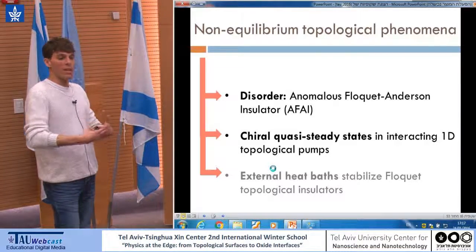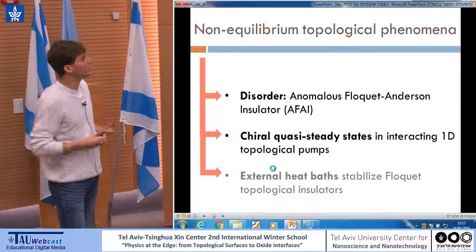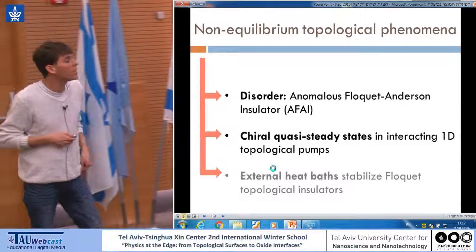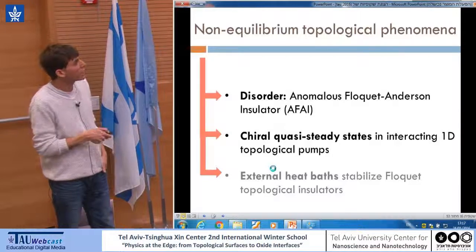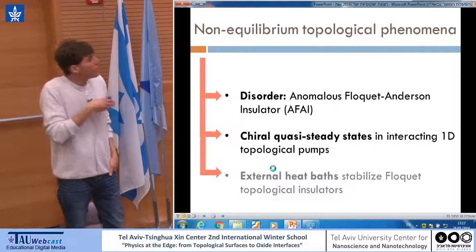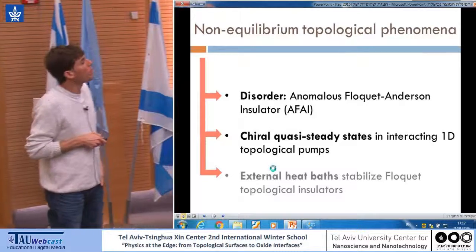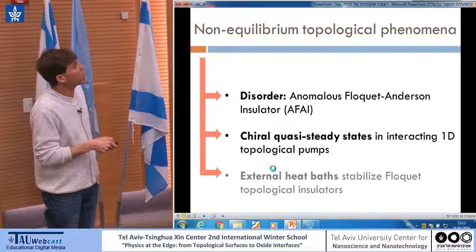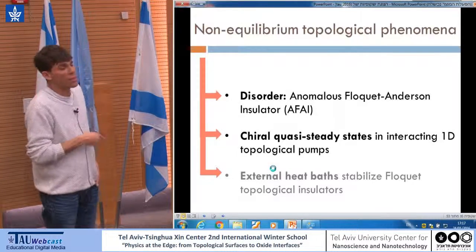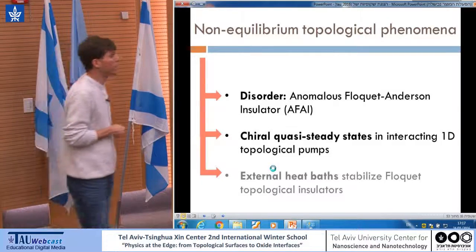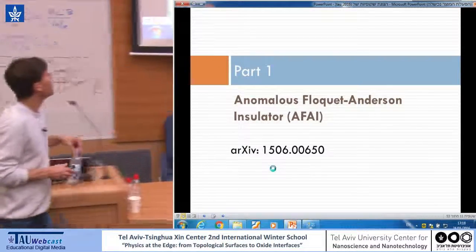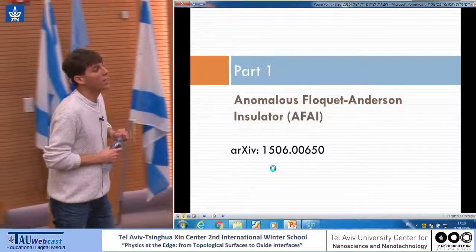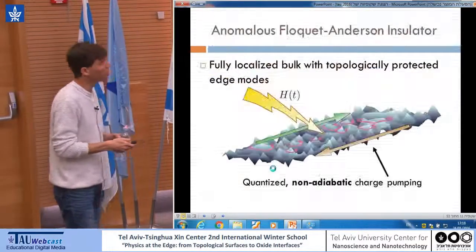For some intermediate time regime, we could have an interesting state which could actually exhibit the topology, and I'm going to talk about this in the second part of the talk. And the third possibility, which I'm not going to talk about, I'm just going to mention, is to consider coupling of the system to an external heat bath and try to see what kind of steady state arises once you do that. Okay, so let me again start with this anomalous Floquet-Anderson insulator.